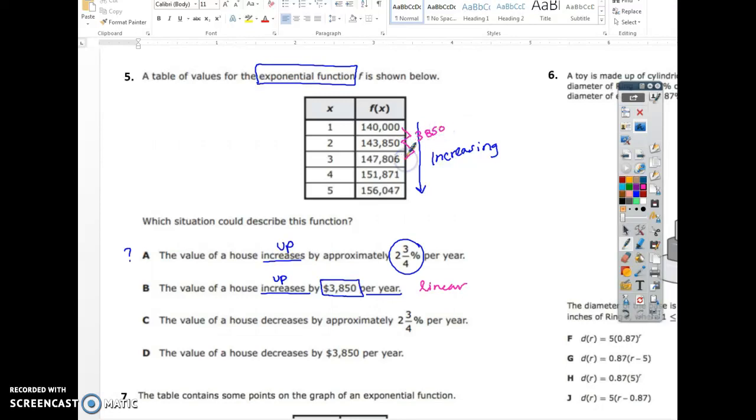But right here it didn't, okay? Subtract these two. Subtract 147,808 minus 143,850 and see what that gets you.